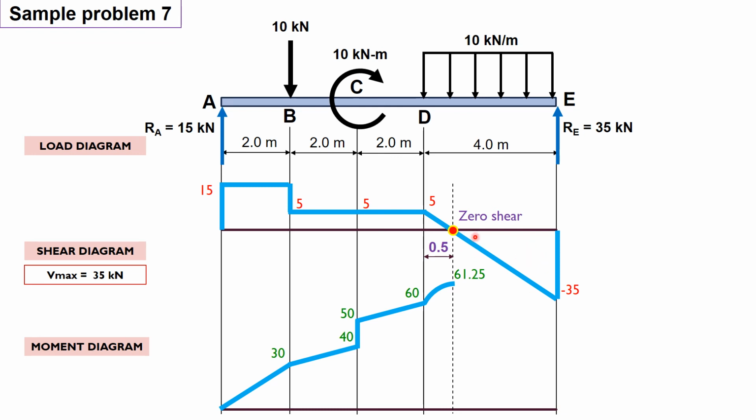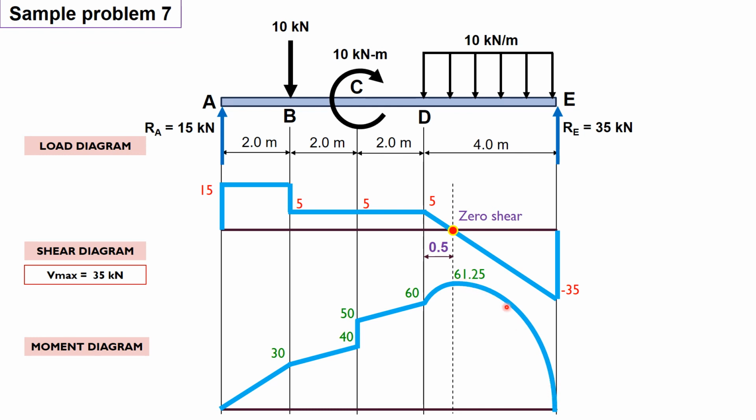Now, since your shear diagram here is 1 degree curve or line, your moment diagram is second degree. And since the shear diagram is decreasing, the moment diagram is concave downward. So this is how it looks like. So again, this is not to scale. So pwede, kasi hindi naman natin kinuha yung value sa bawat point na yan.